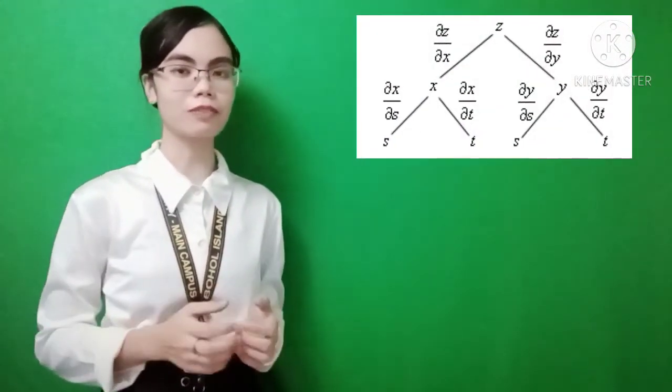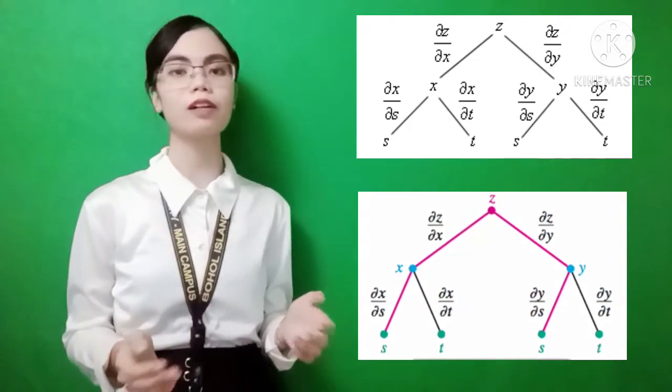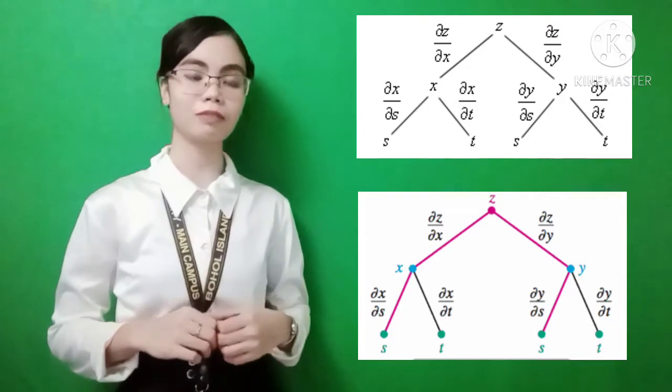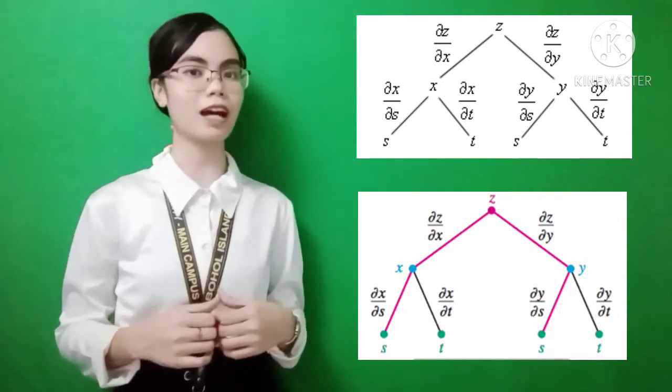Tree diagrams are very useful in deriving the formula for the chain rule of more than one variable, where each independent variable also depends on another variable.